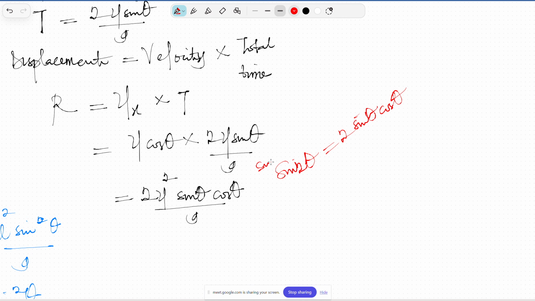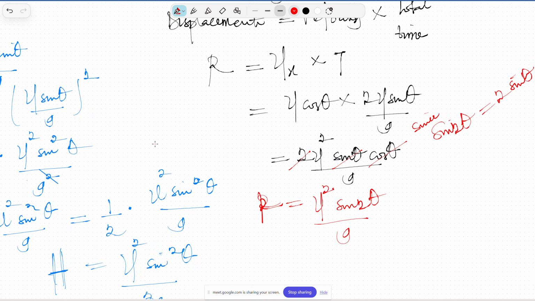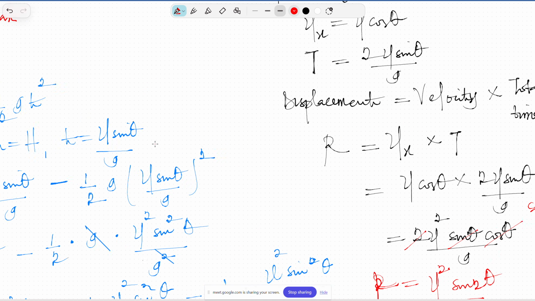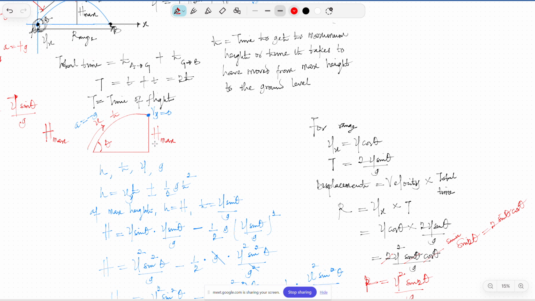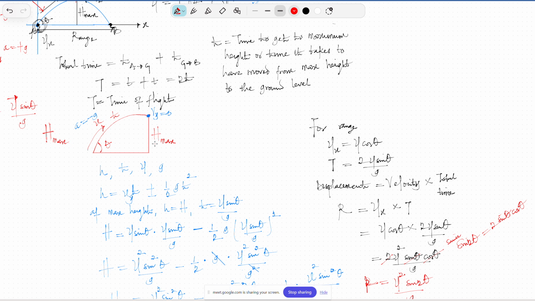So you take out sin theta and cos theta, you have u squared remaining, and then you bring in that identity: u squared sin 2 theta over g. So this is for range. With that, we've been able to get some of the important things that we need to know.